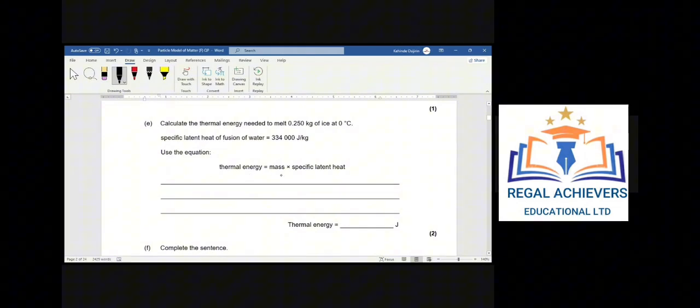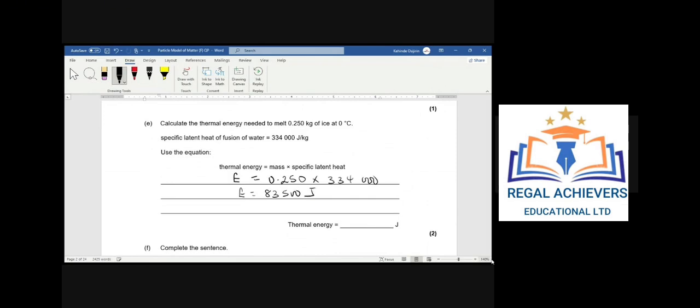So all you need to do is put in the values: thermal energy equals your mass, which is already in kilograms, multiplied by the specific latent heat value that has been given to you. You get your answer in joules because you're talking about thermal energy, and that will give you 83,500 joules.